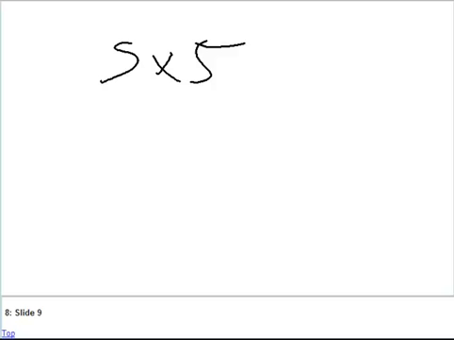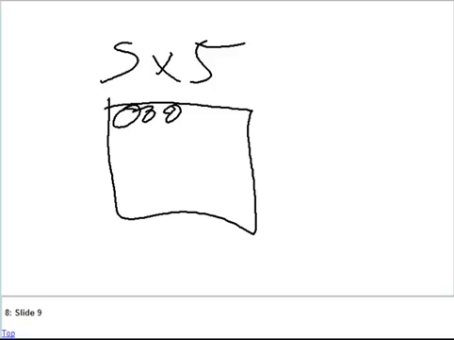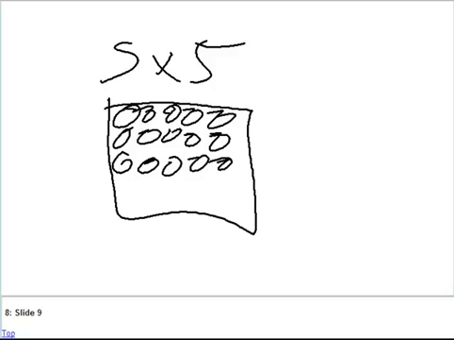So I've got an image which is 5 by 5, 1, 2, 3, 4, 5 across and 5 down, and each pixel can have its full colour. So how many bytes do you need to be able to produce all the colours the human eye can see? How many bytes per pixel?